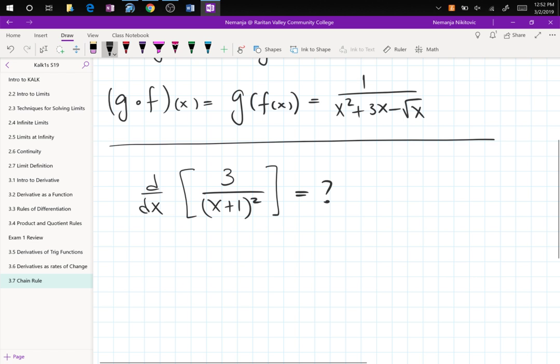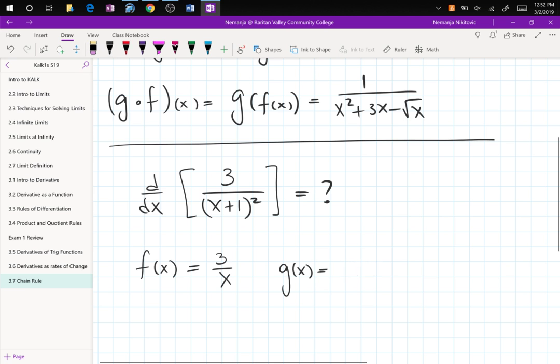So what do I have here? Well, can I just go and say f of x is equal to 3 over x, and then g of x is going to be x plus 1 squared? And the answer is yes. But see, this g of x, x plus 1 squared, is still composite.